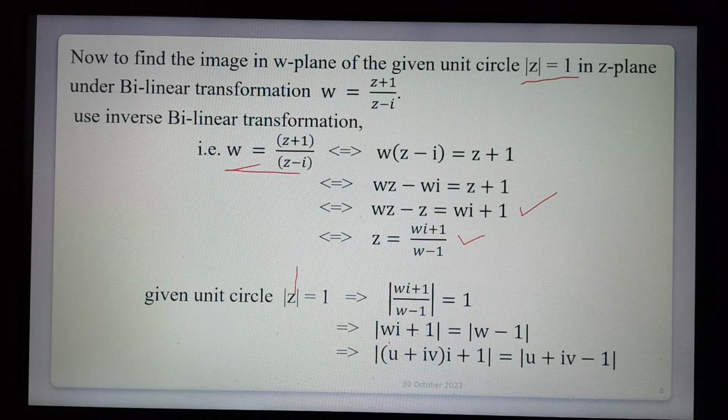Z is x plus iy and w is u plus iv, a complex number in the domain. So substituting w equal to u plus iv into i plus 1, that is equal to mod of u plus iv minus 1.